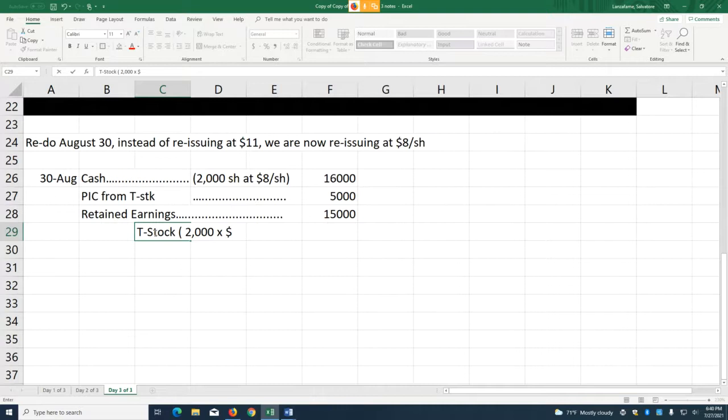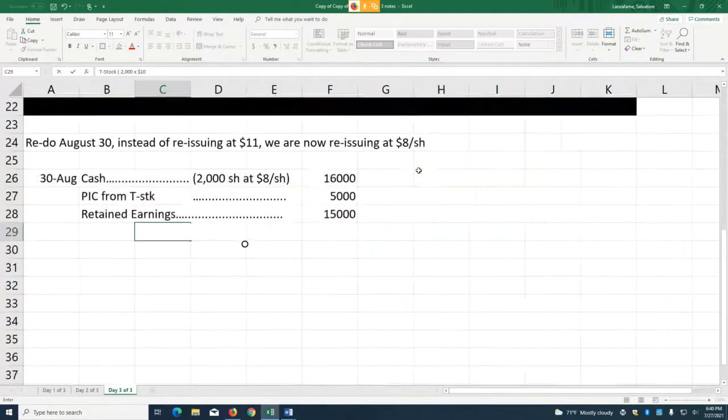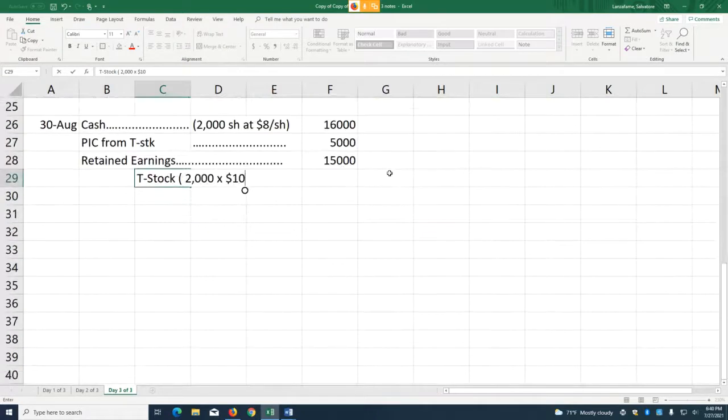So we acquired it at, was it 10 originally? Yes. Okay. So the treasury stock has to come off the books at what we acquired it at. So that's $20,000. Oops. So right now, these numbers don't make any sense because they don't equal.